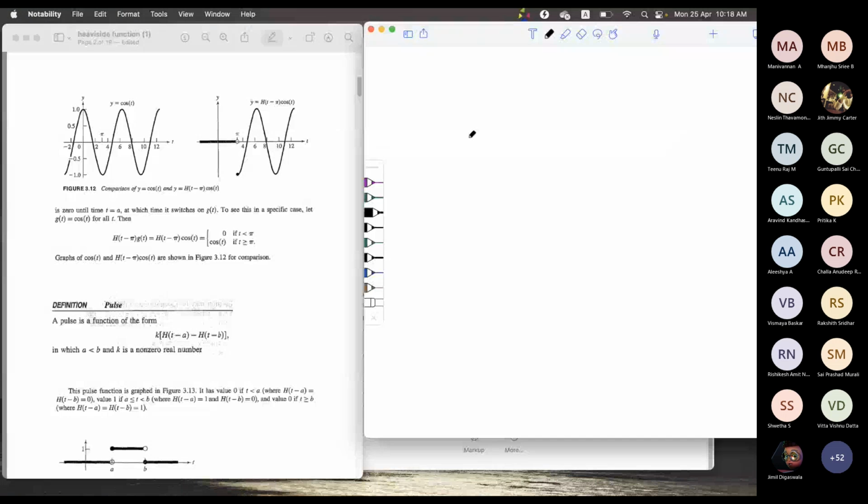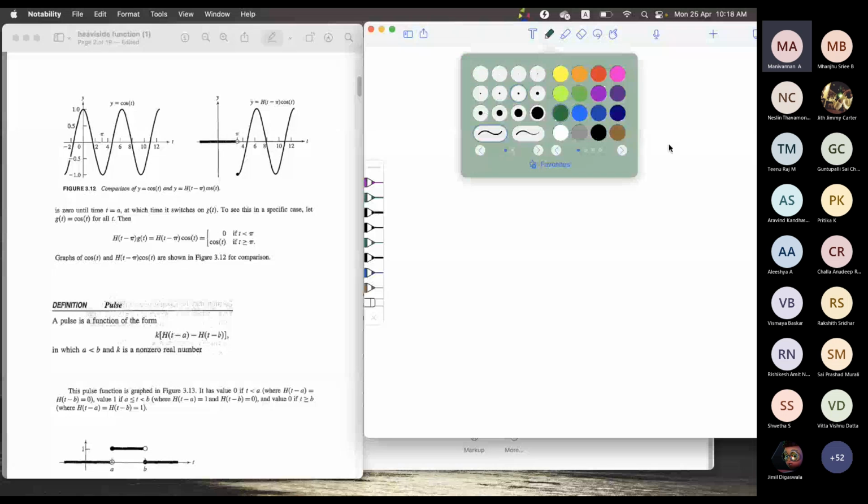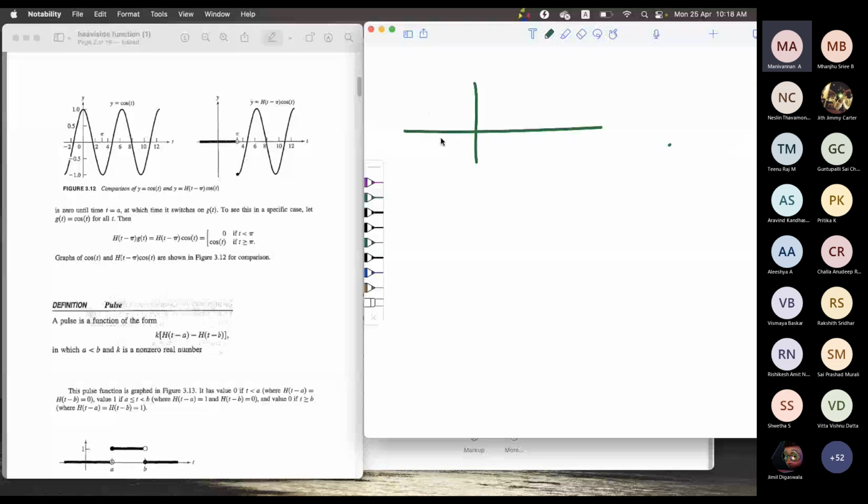Yeah, okay. Suppose this is my cos t function, in this manner. This is my t and y equals cos t. Suppose the unit step function is at pi, this is my pi, multiplied into this cos t.